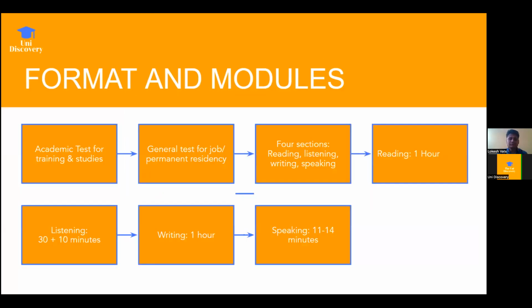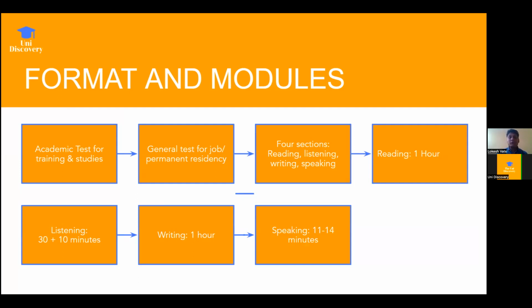All right. So, as I mentioned earlier, the academic IELTS examination is mainly for your studies abroad. This is also known as the training module, or training test. Everybody knows that if we are going for study abroad in Western countries, we need IELTS.